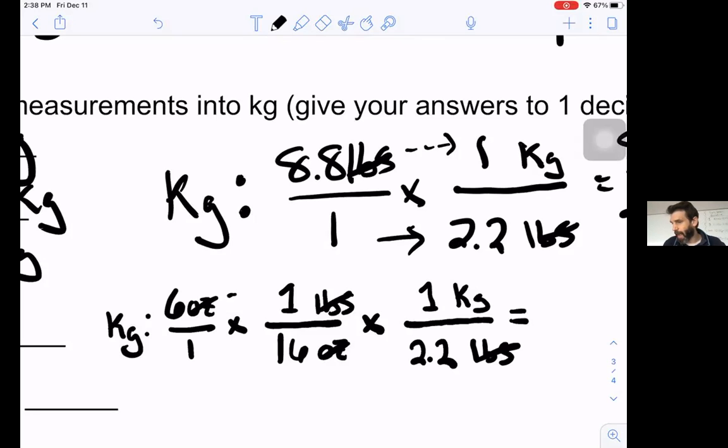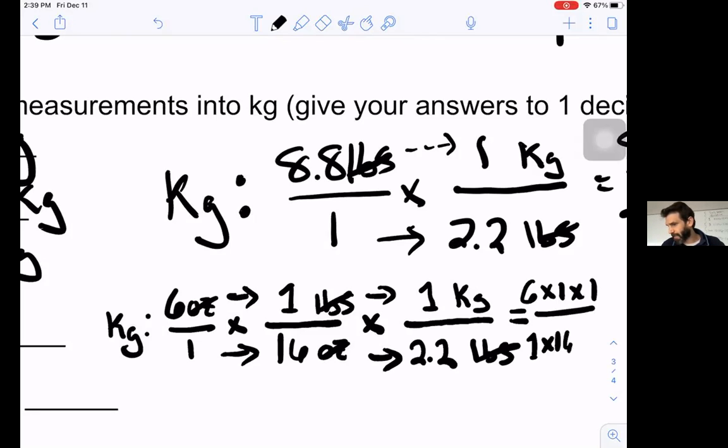So now I multiply all the way across here, 6 times 1 times 1 divided by 1 times 16 times 2.2. So that's 6 over, let's see here.